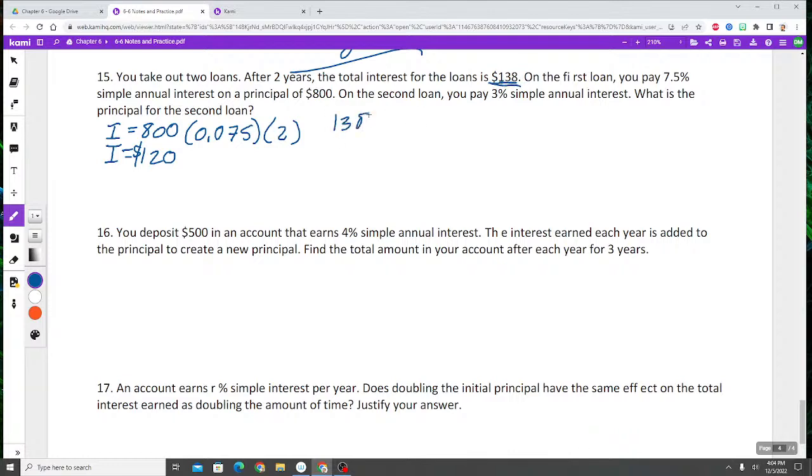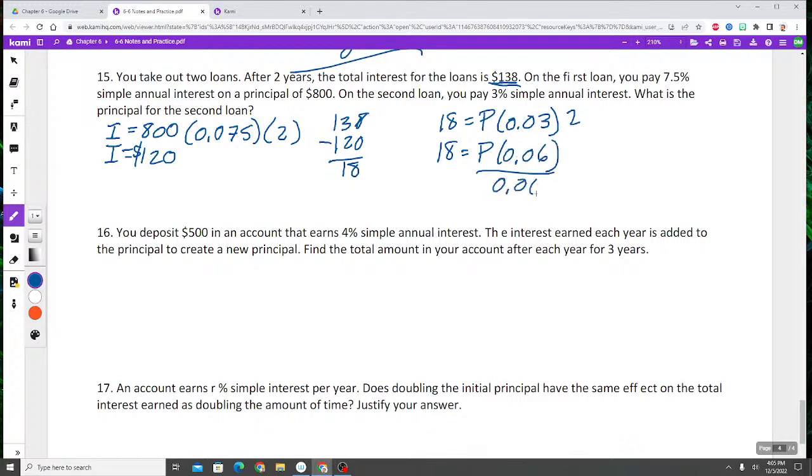So we go 138 minus 120 gets $18. We don't know the principal, on a 3% interest rate for 2 years. So 18 equals P times 0.06. We divide both sides by 0.06. And so P, 18 divided by 0.06, is $300.